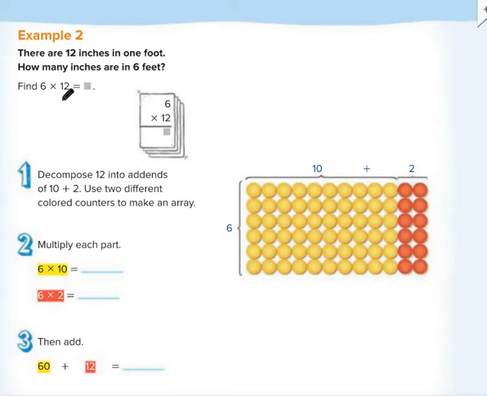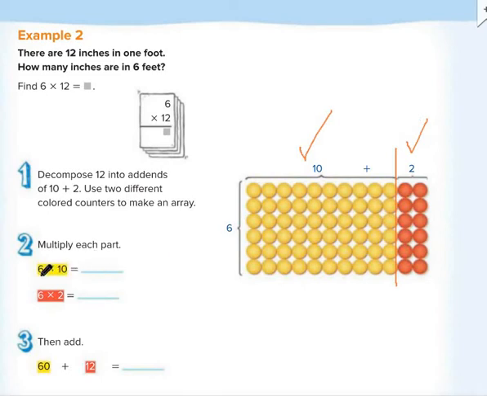For facts with a factor of 12, it's a good idea to decompose it into a 6 times 10 array and a 6 times 2 array. This is a very easy fact. You always memorize it, and the same for 2. 2 times something is very easy to get even if you don't memorize it.